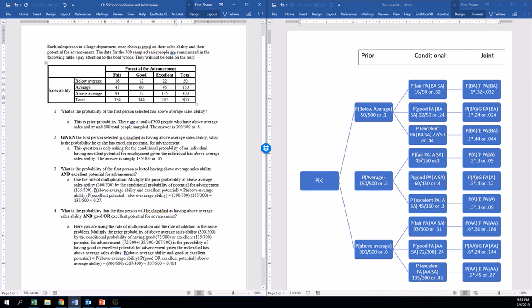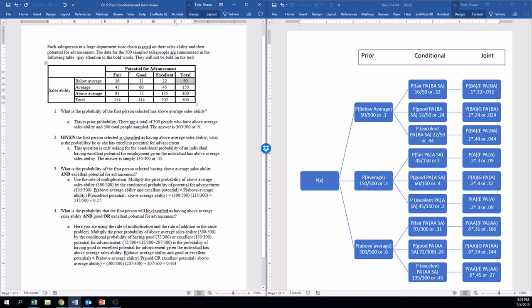But if I were to say, given the first person has below average sales ability, what is the probability that they have a fair potential for advancement? Then you would say 16 out of 50, or 0.32.